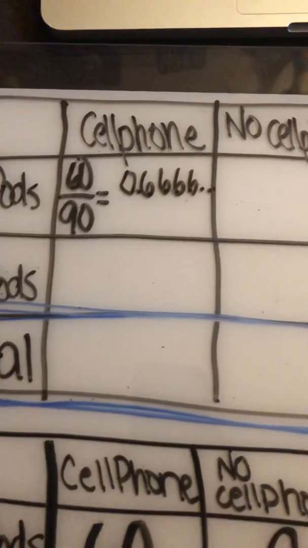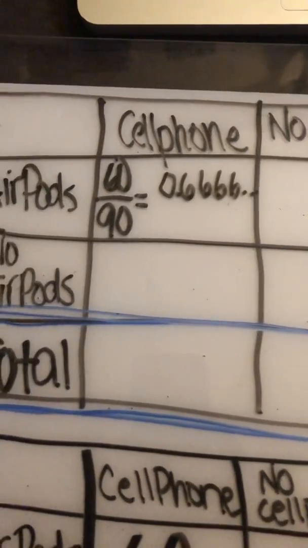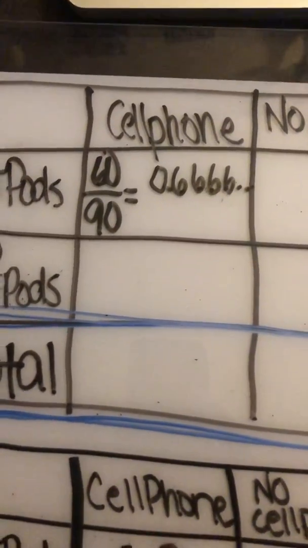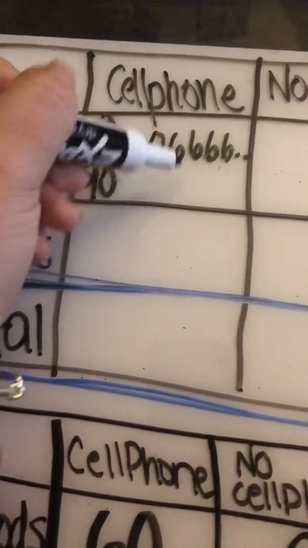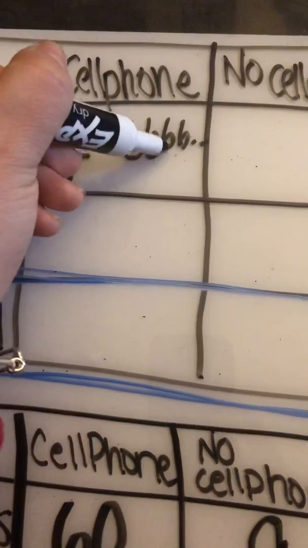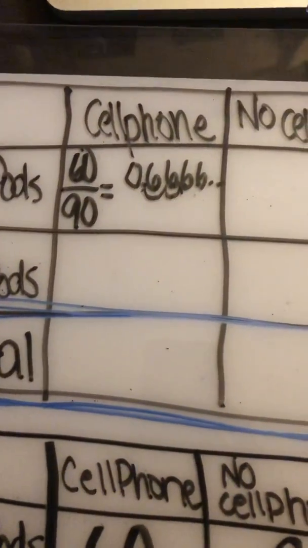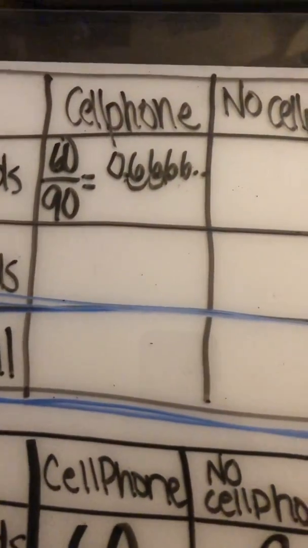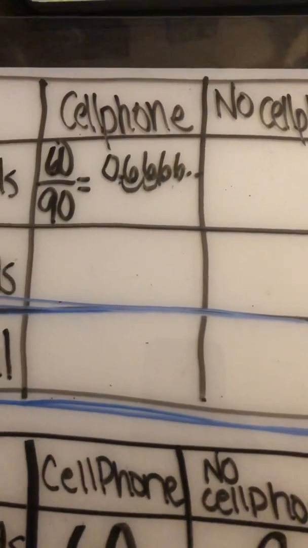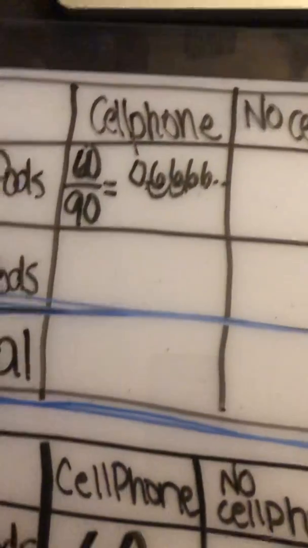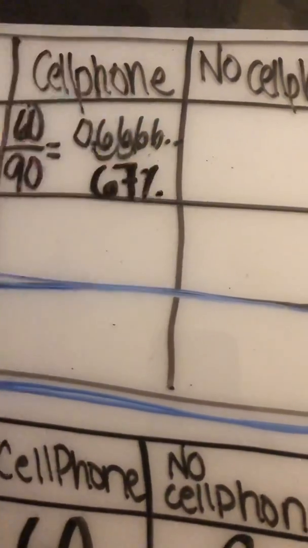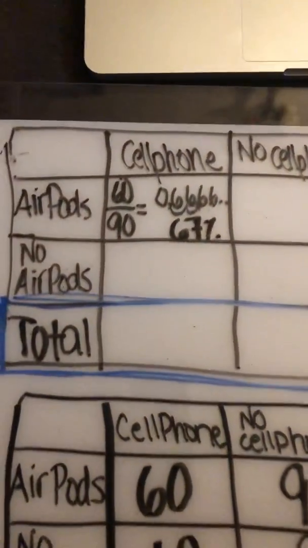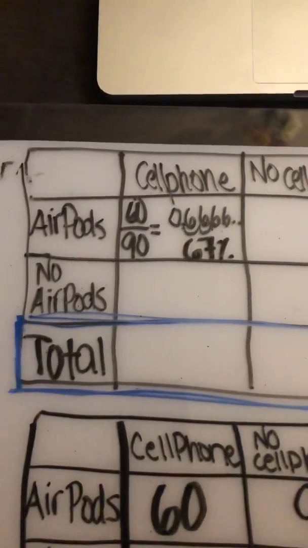Then take that decimal and convert it to a percent. You can do that by multiplying it by 100, or some of you remember your shortcut, which would just be moving that decimal 2 places. So it would be 66.6 repeating. If we want to round, we can say that it would be 67%. So the relative frequency would be 67%.